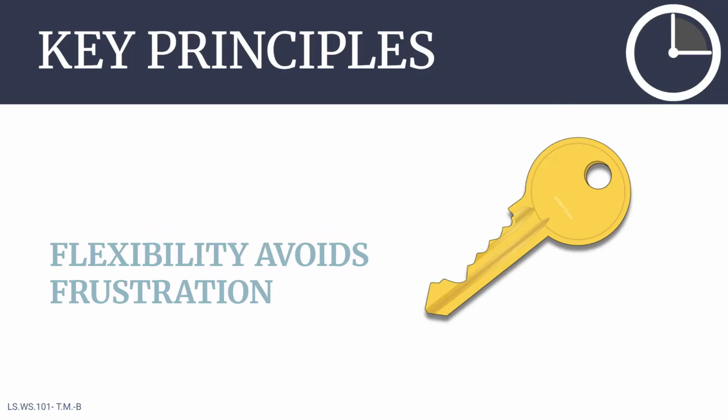Okay. Flexibility avoids frustration. This can help not only with neurotypical people, but especially with neurodivergent people. I have been working with my son on this for a very, very long time. The more that he tries to learn to be flexible, the more it's going to avoid that meltdown for him in those situations where he wasn't prepared.